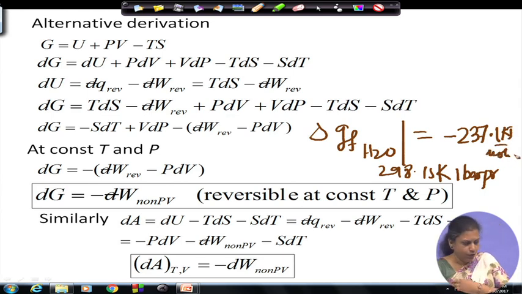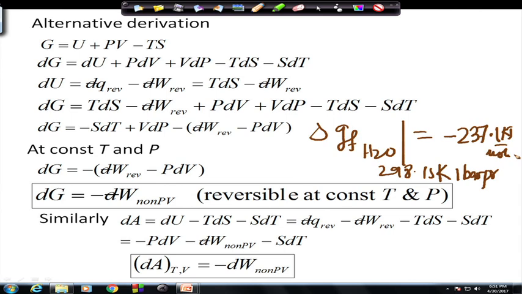Can you tell me what this statement means?